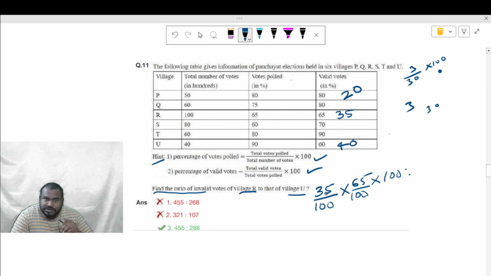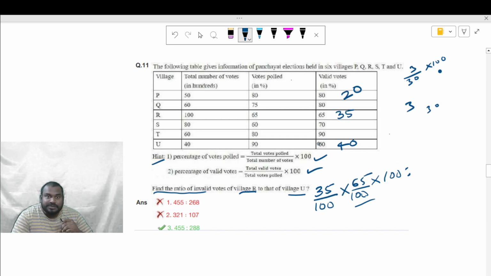Now, what you understood here: 35% of votes are invalid. But this 35% is calculated on what number? It is calculated on 65. 65 by 100. So this 65 is calculated on total votes, nothing but 100. This is divided at a ratio. Divided means ratio.